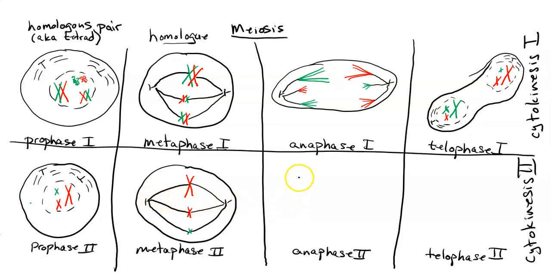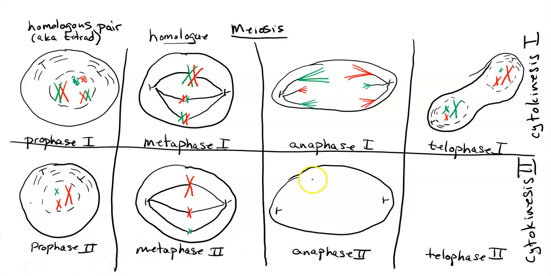So talking about anaphase 1, just like prophase 1 and metaphase 1, look very much like anaphase that's going on in mitosis. We just have half the genetic information. So the centrioles are at the poles.